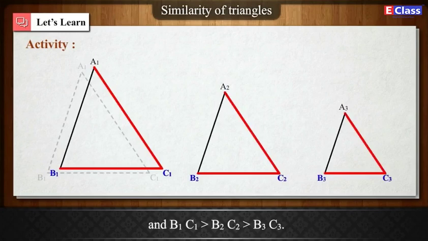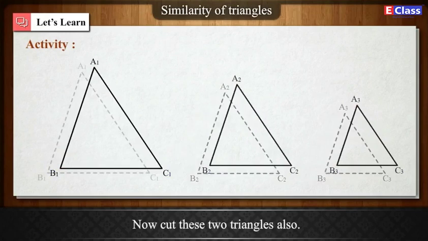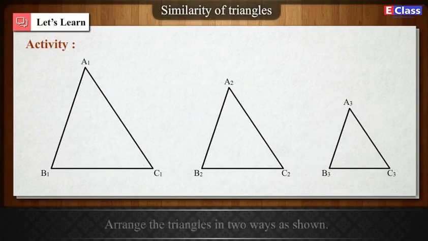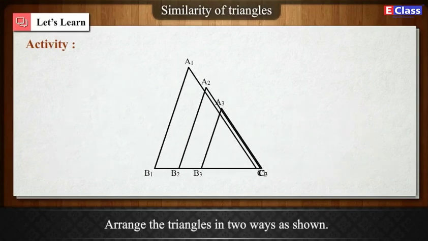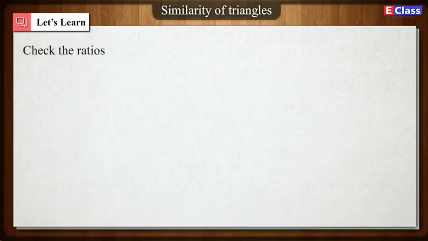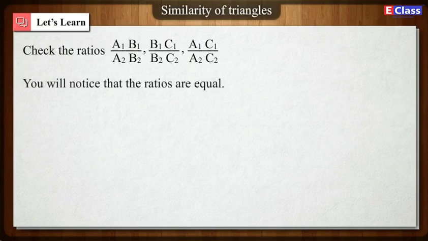Now, cut these two triangles also. Measure the lengths of the sides of the three triangles. Arrange the triangles in two ways as shown. Check the ratios A1 B1 upon A2 B2, B1 C1 upon B2 C2, A1 C1 upon A2 C2. You will notice that the ratios are equal.